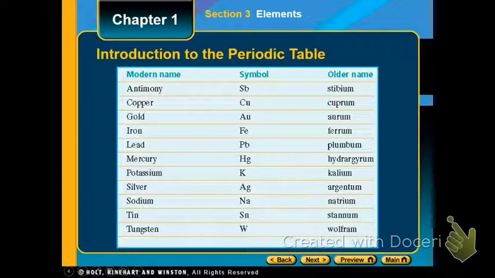Some of the more common ones there at the bottom, tungsten is a W, and its older name was wolfram. And I've also got gold, Au, and its original Latin name was aurum. So again, look at these, write down at least a couple of them so you're familiar with why some of the names and symbols do not match up.